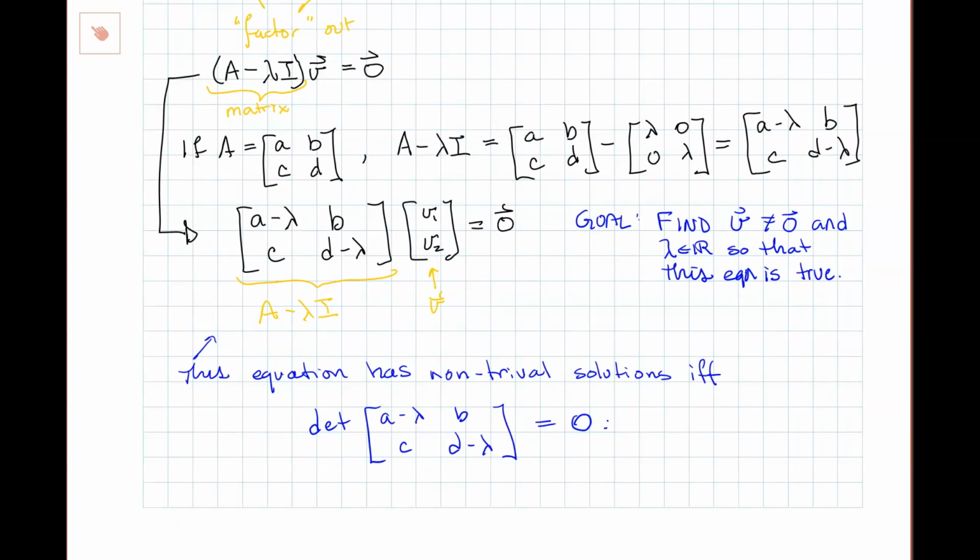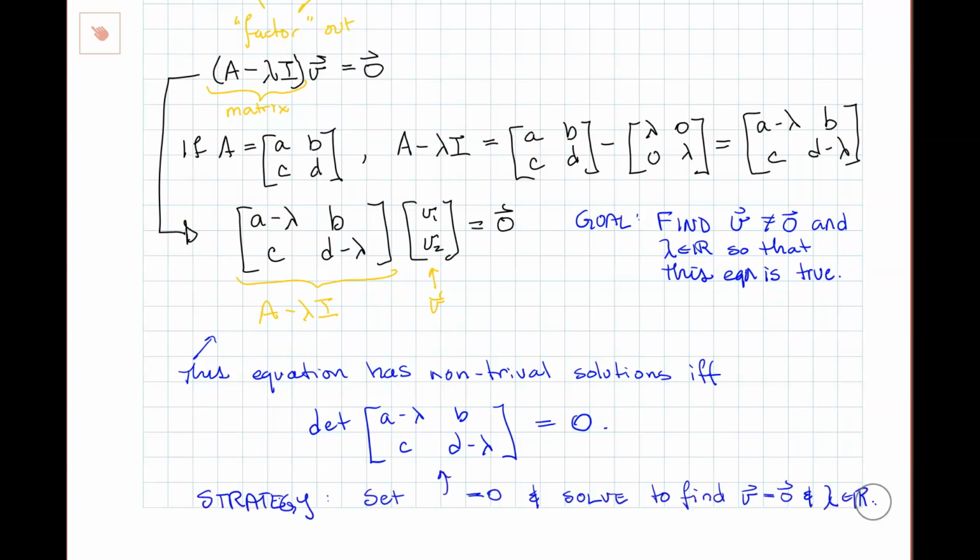So we're hunting for solutions being pairs of vector v and a scalar lambda that are going to make this equation true. So to do that, we're going to take this determinant and set it equal to 0 and find vector v and lambda that will make it true. In the next video, we'll see some examples.